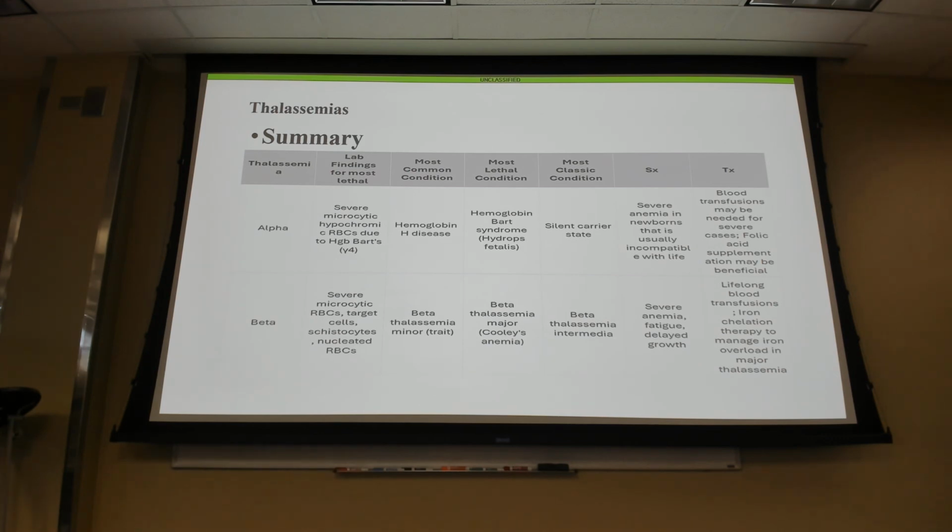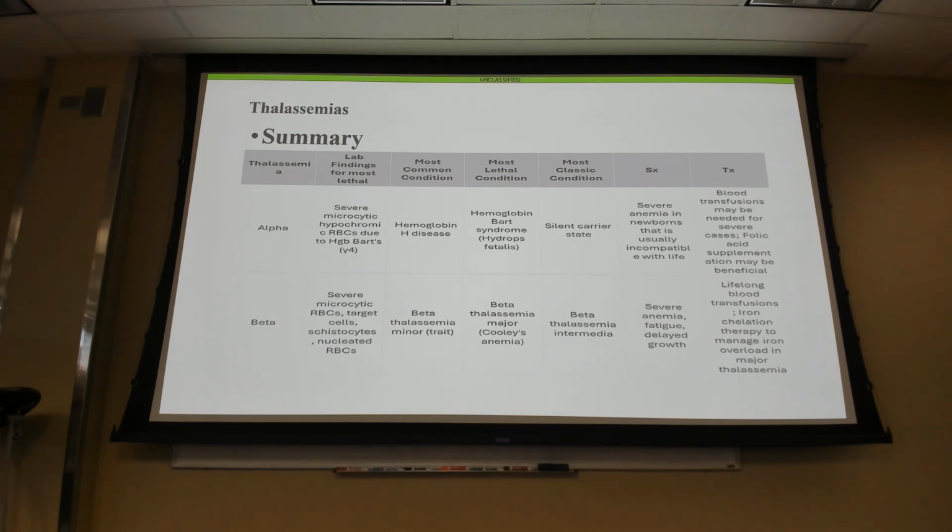Classic is the patient that you're probably going to run into. Hemoglobin H disease might be the most common mutation, but these patients are sickly, and a lot of them might not make it. That's your classic presentation.